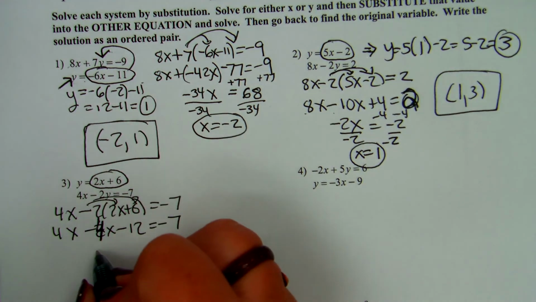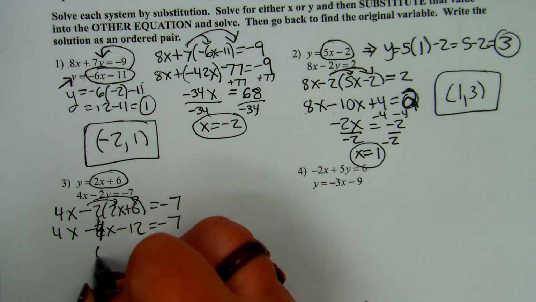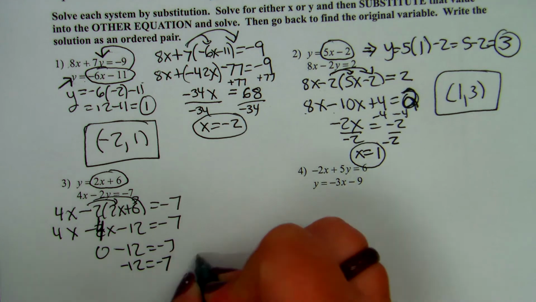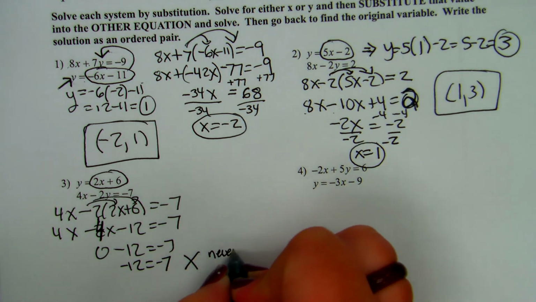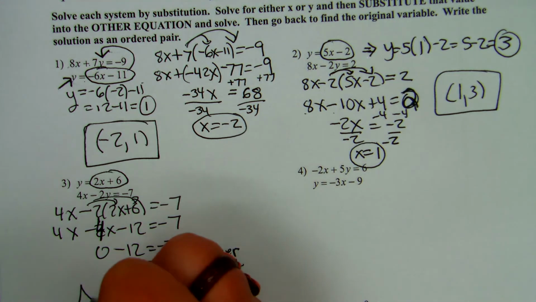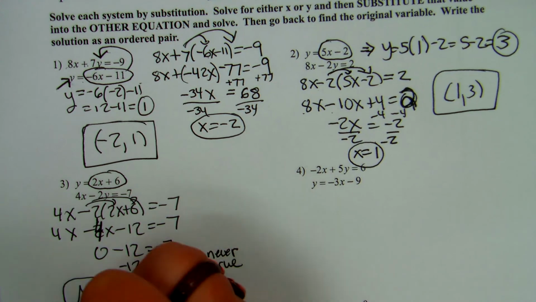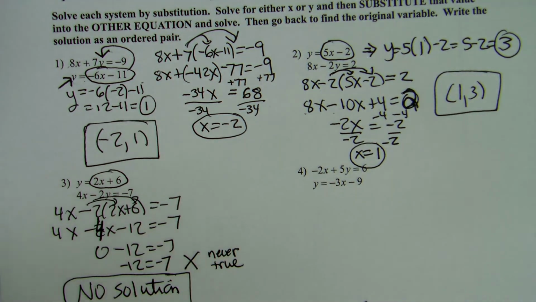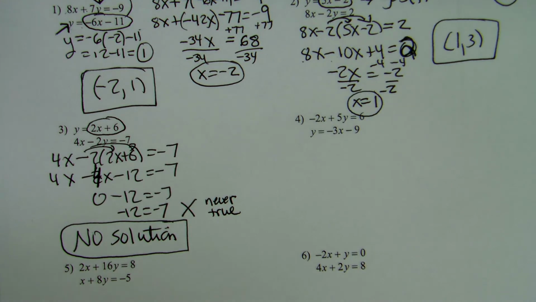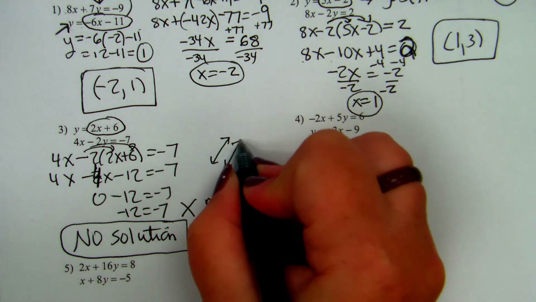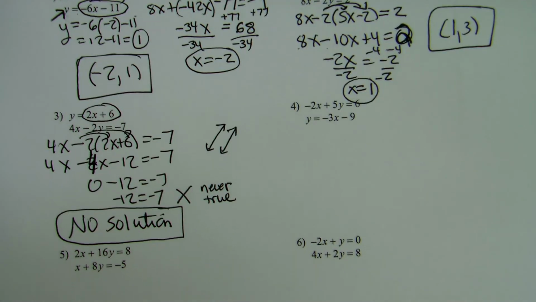So we get 0 minus 12 equals negative 7. Is negative 12 equal to negative 7? Never true. So we write no solution. The x's got canceled and we get an equation that's never true. That means if there's no solution and you graph them, they would be parallel. That's why there's no solution.